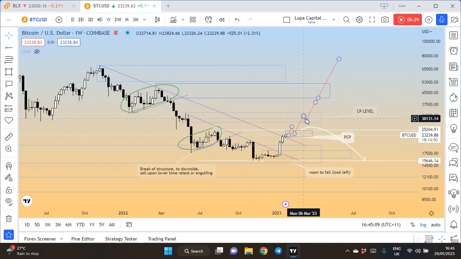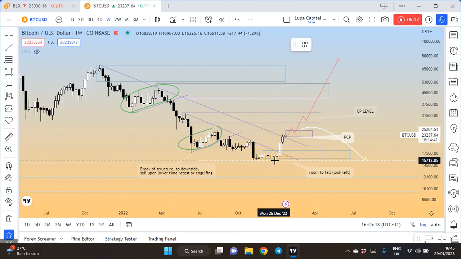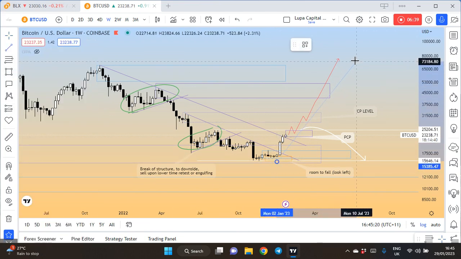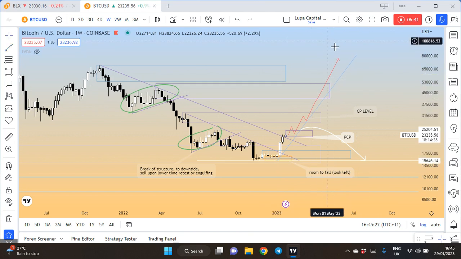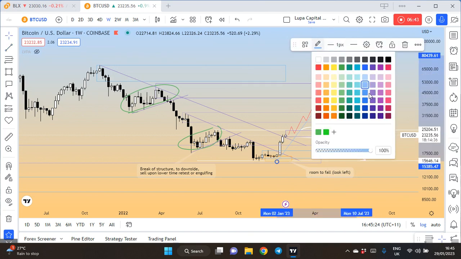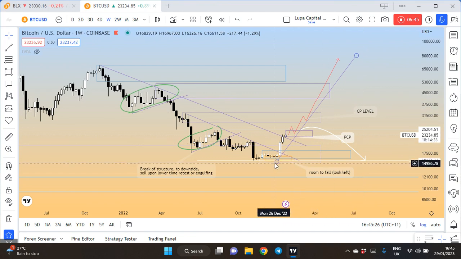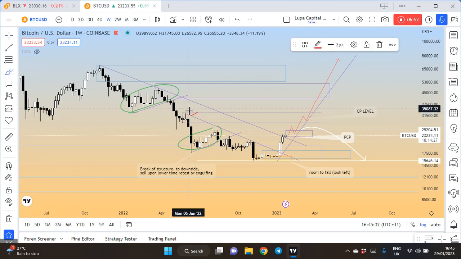Use this part of structure again, reject from a slight pivot level, pull us back towards, and as this happens, the trend line will be respected on the weekly and also the monthly, and price will walk its way up against structure, eliminating these zones here. So eliminate it. It will eliminate it.